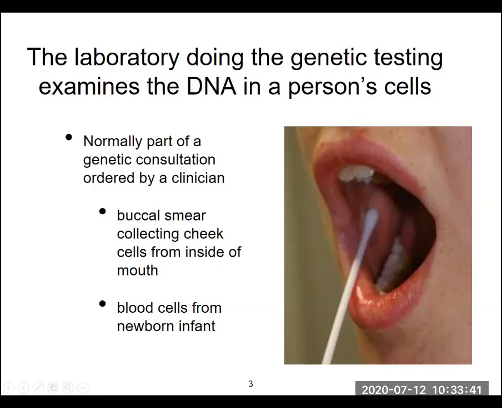So whether you're doing it with a tissue sample with a swab, blood cells from an infant, or saliva in the at-home test, you're going to get the DNA, and it's going to go through that process of sequencing that we talked about before.